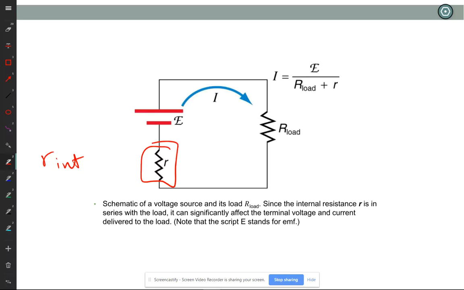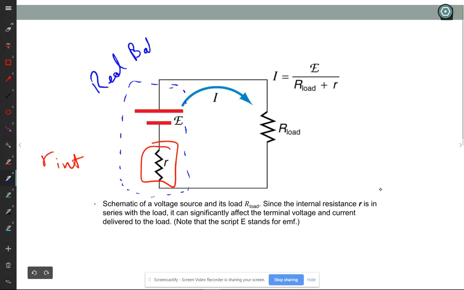So your voltage always drops from a battery when you use it. And so we model that by saying that a battery, or a cell, is two things in series. So this is the real battery or real cell.